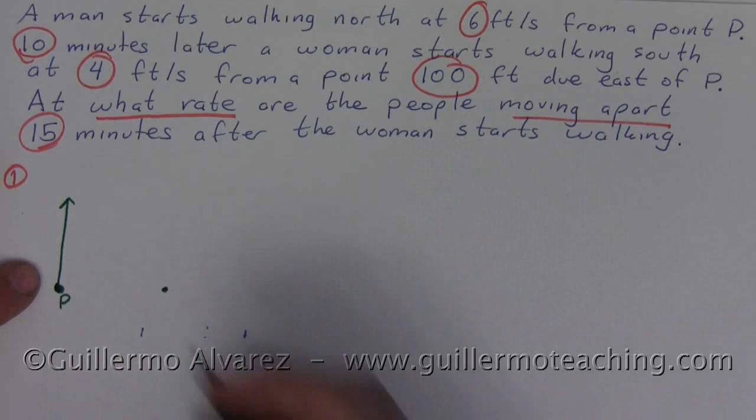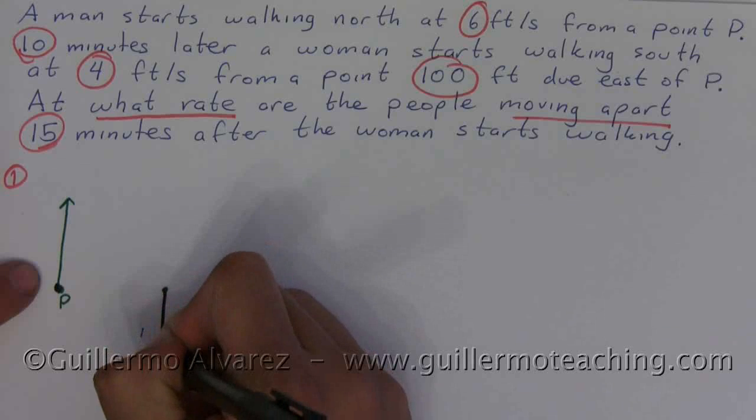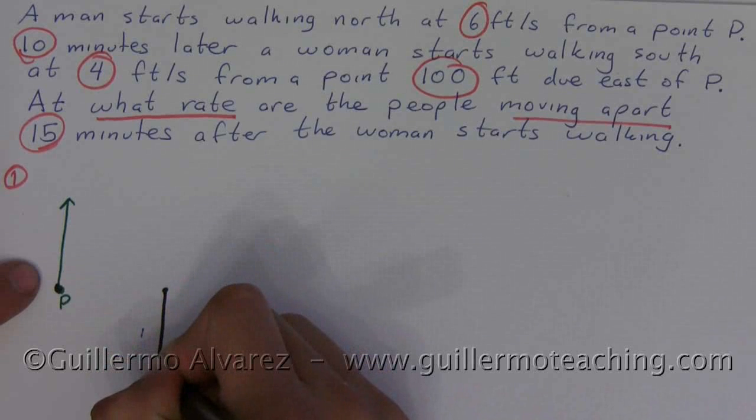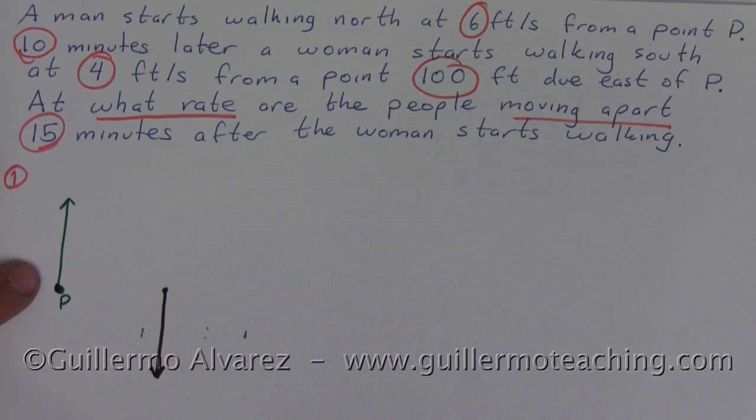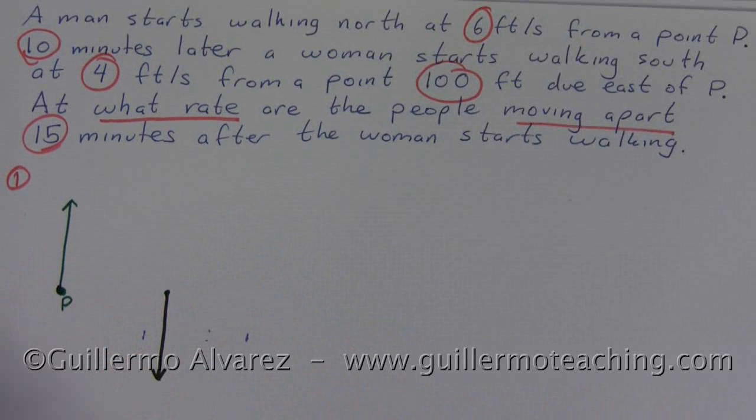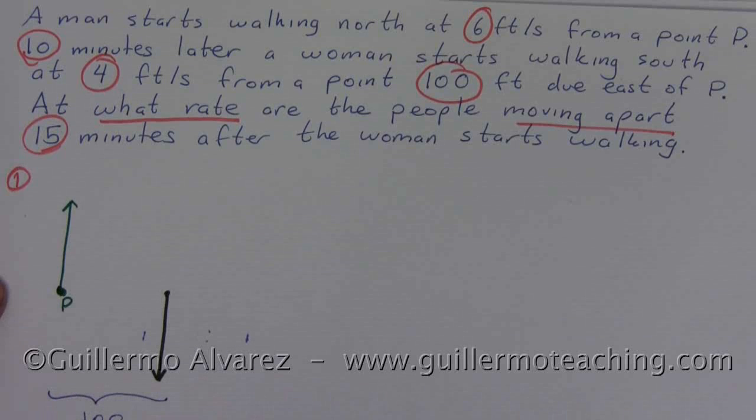And so the woman is going to be going down, and so let me label this. So the distance from P to the woman, this is going to be 100 feet. Okay, so now we need to label all this stuff.